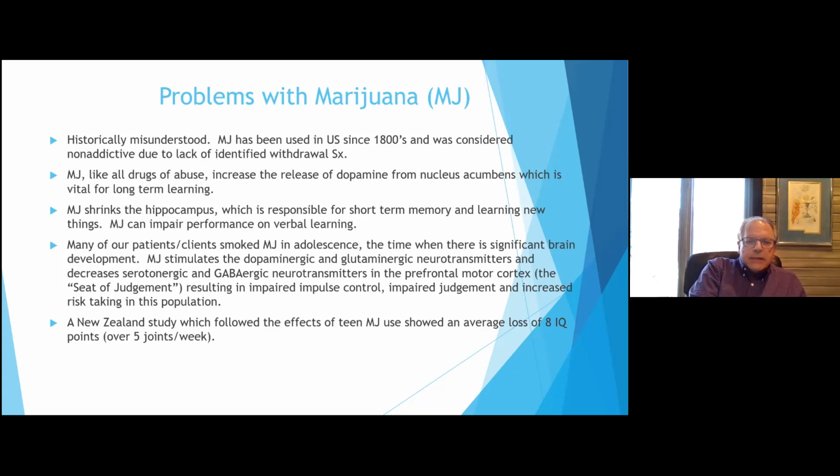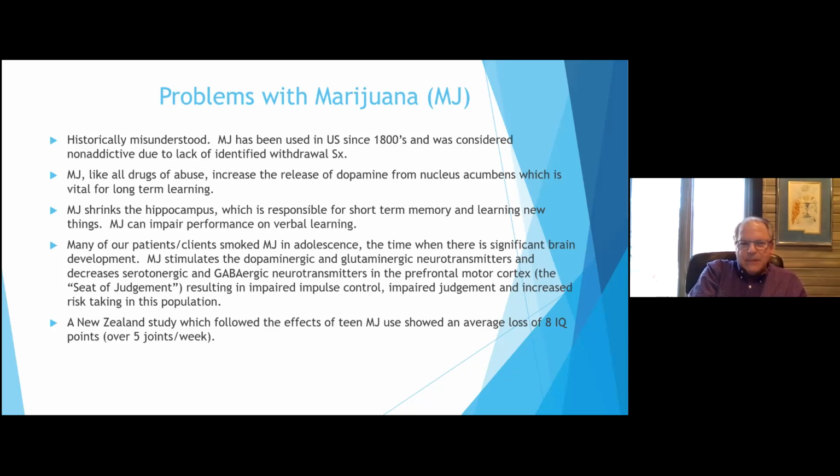I said that we were going to discuss a little bit about adolescence. The problem is that the majority of people who start smoking heavily in adolescence do so at the time when the brain is completing its major development. And marijuana stimulates the dopaminergic and the glutamatergic neurotransmitters, and it decreases the serotonergic and GABAergic neurotransmitters in the prefrontal motor cortex, which is the seat of judgment.